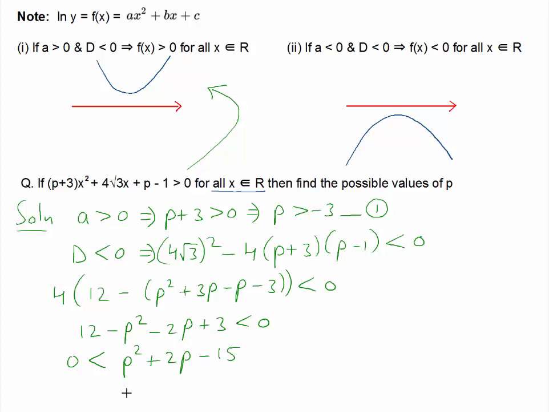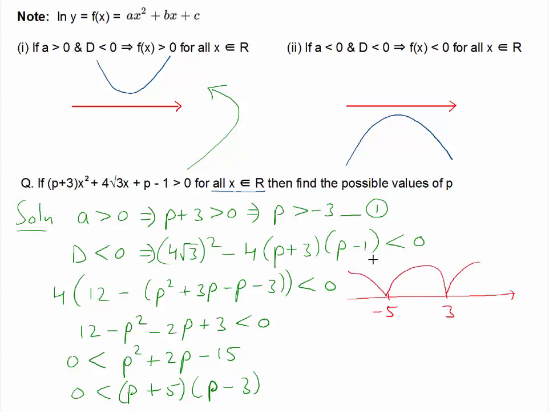Now if this is the case, we can factorize this. It would become (p plus 5) multiplied by (p minus 3) is greater than 0. If this expression is greater than 0, we can solve it using the wavy curve method, where we plot the points where it becomes 0, which are minus 5 and then 3, and then we'll draw it like this.